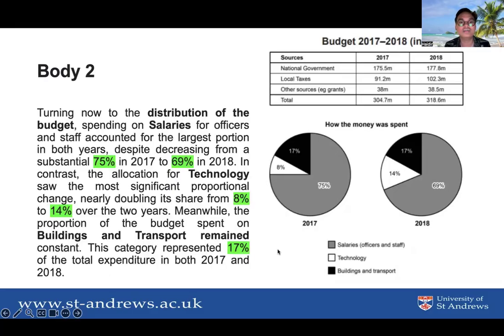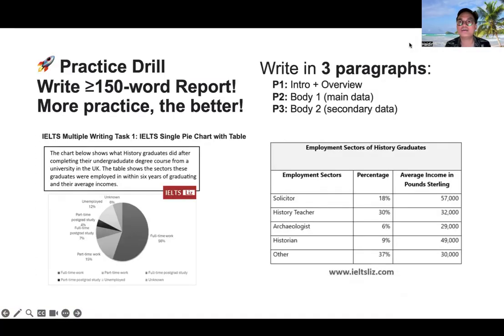Now, because we still have 8 minutes left, please do this individually. Okay. If it's not finished today, it's okay. You can take it home. But we need more practice. You need more practice. Okay, the more practice, the better, right?